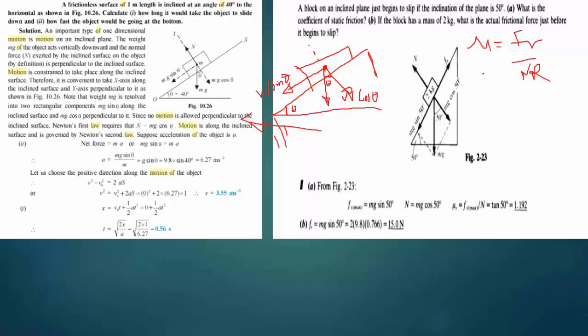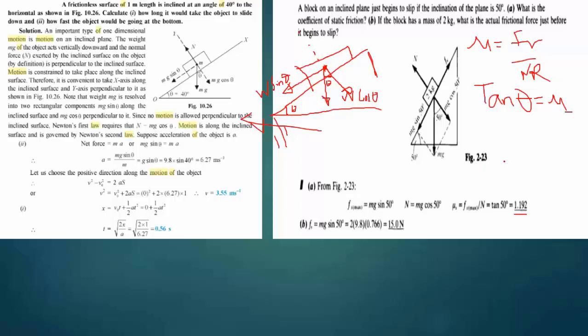So we know that for an inclined plane, hiyo ni knowledge tu ya O level, ni sawa sana tan theta. Tan theta ni sawa nini na coefficient of static friction. So simply tan 50 tunaweza tukapata coefficient of static friction which is 1.192. Lakini hiyo tan 50 imekujaje? Sawa, hiyo tan 50 imekujaje?